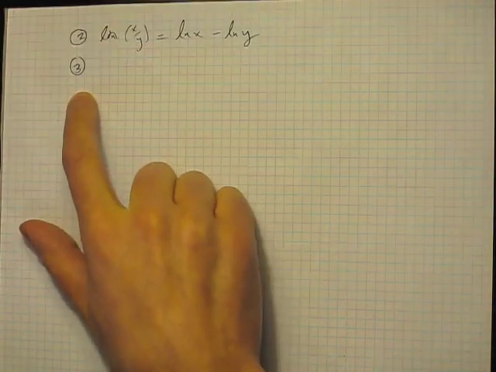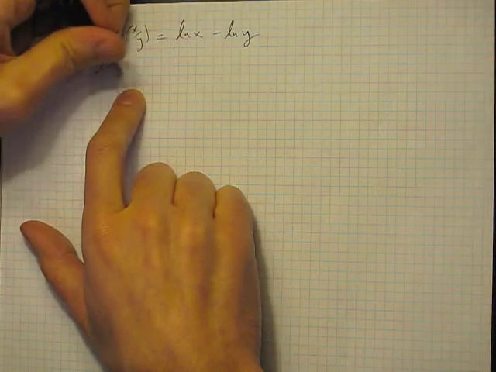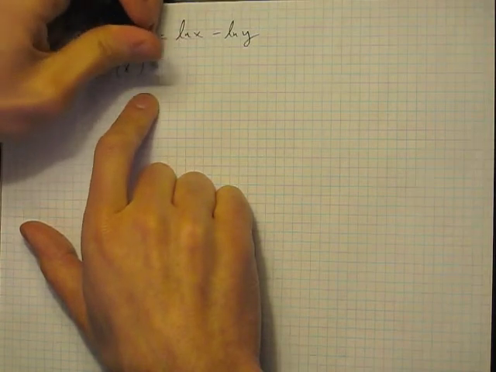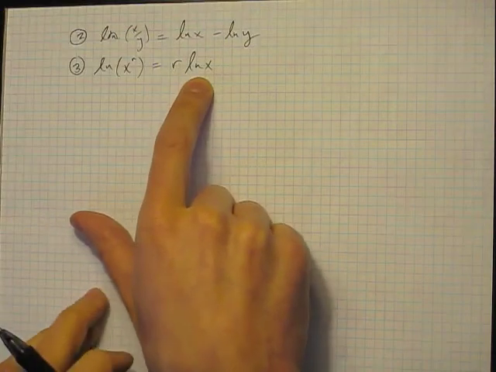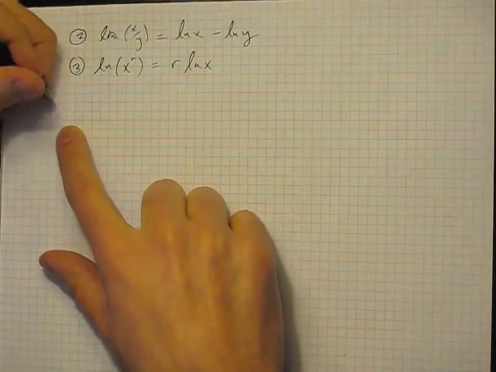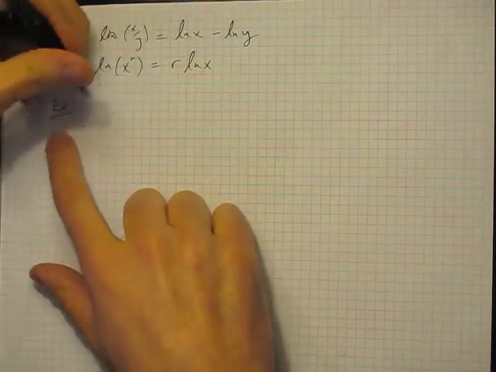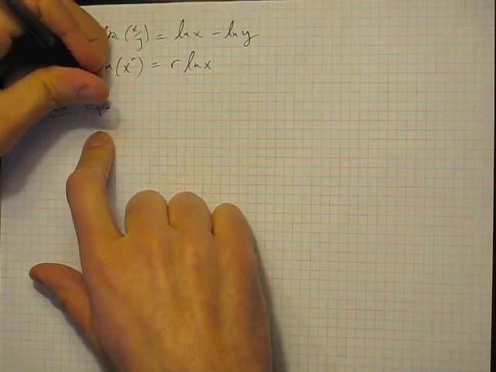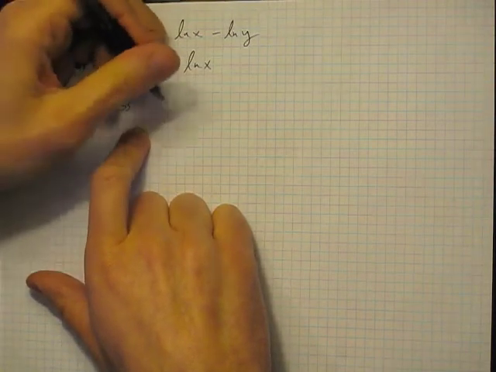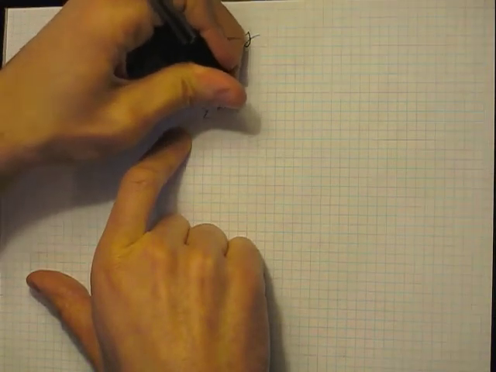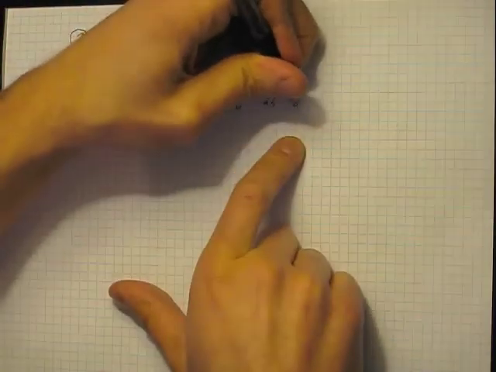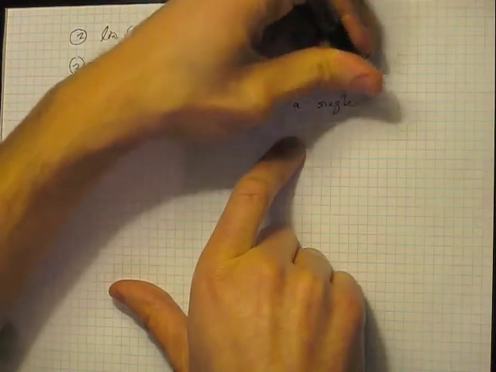And then another property is the log of x raised to any exponent is equal to the exponent times the log of x. Okay, so let's do an example using these rules. Express the log of a plus 1/2 the log of b as a single log.